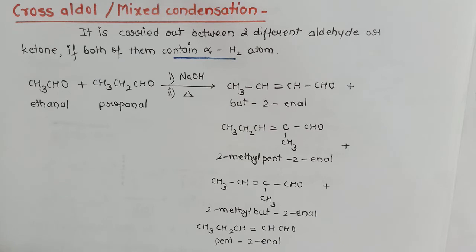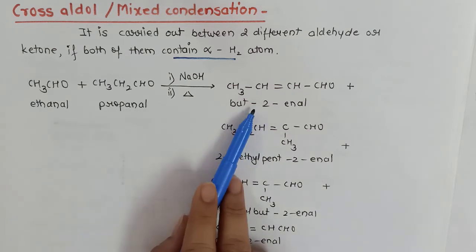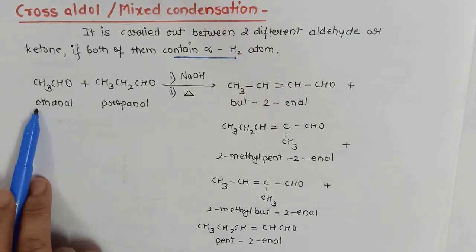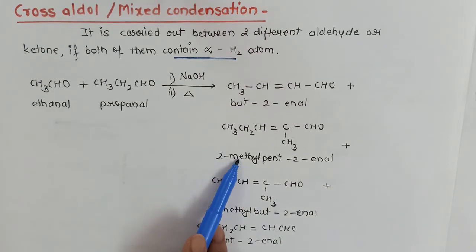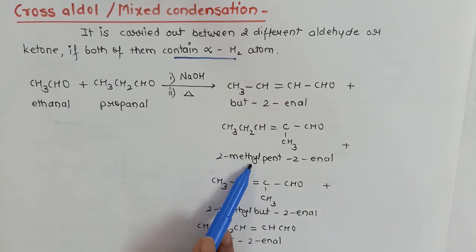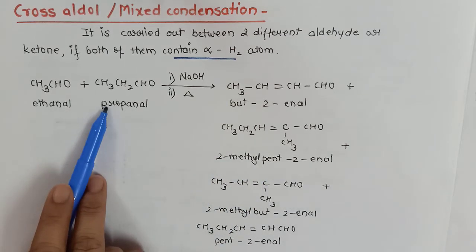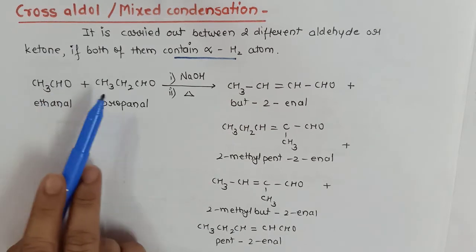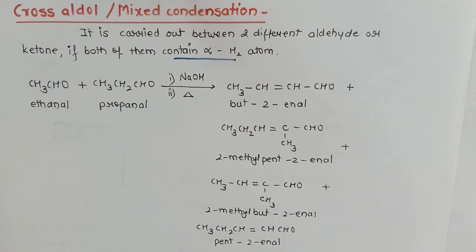Now if we see carefully, the first product but-2-enol is obtained from the self condensation of ethanol. The second product 2-methyl pent-2-enol is obtained from the self condensation of propanol, whereas the remaining 2 products are obtained from mixed condensation of ethanol and propanol.